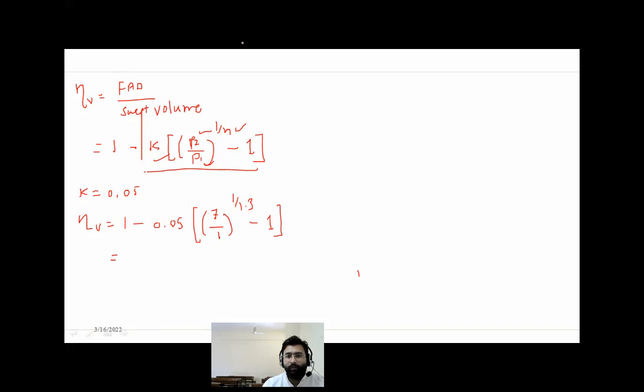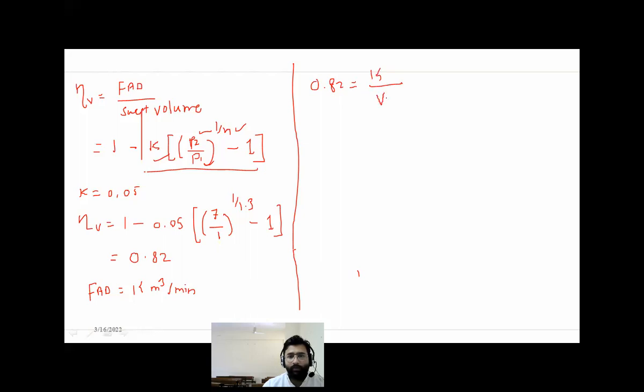Dakshata is saying 0.82. Okay, 0.82. So we'll put this into the equation. The fresh air delivery is given as 14 meter cube per minute. So 0.82 is equal to 14 divided by swept volume VS. Now calculate VS.